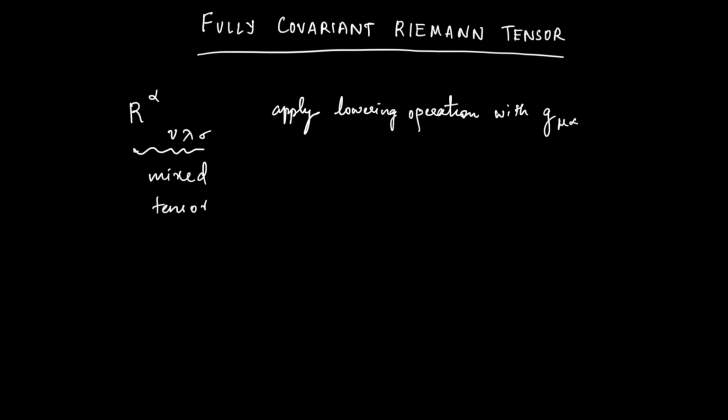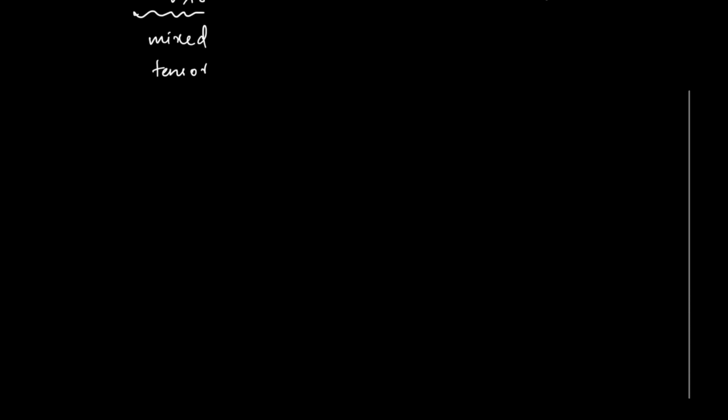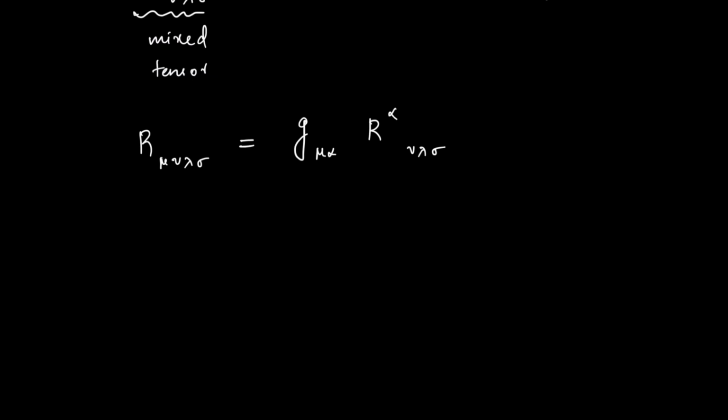g mu alpha, that is, we get R mu nu lambda sigma is equal to g mu alpha R alpha nu lambda sigma.